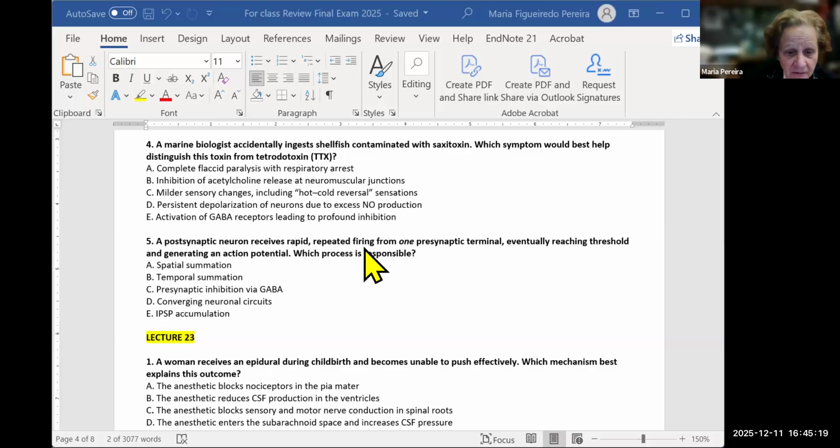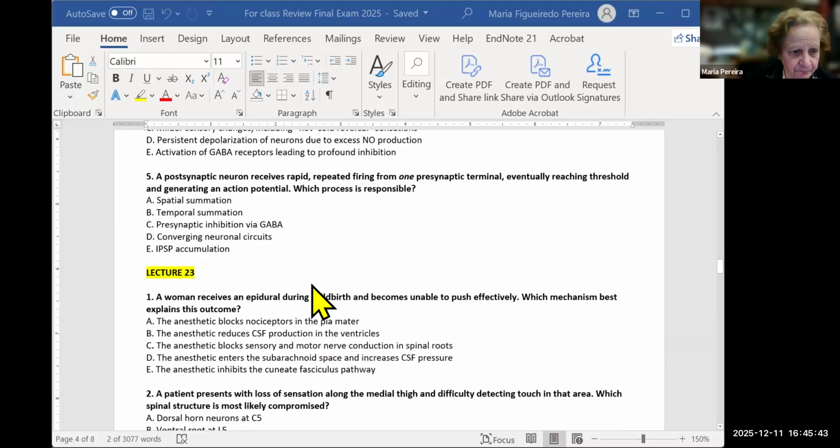So right here, the same neuron gets stimulated from one presynaptic terminal, eventually reaching threshold and generating an action potential. Which process is responsible? B, temporal summation. Some of the questions are very, very easy, like this one.